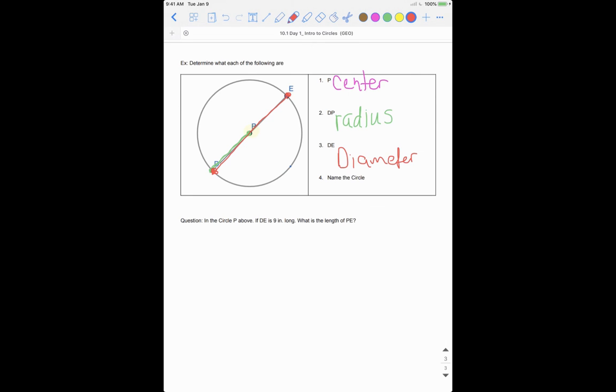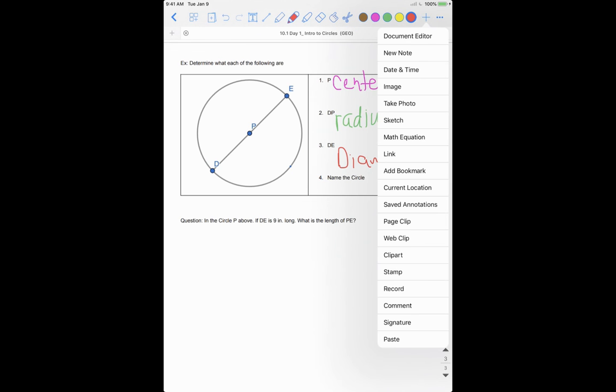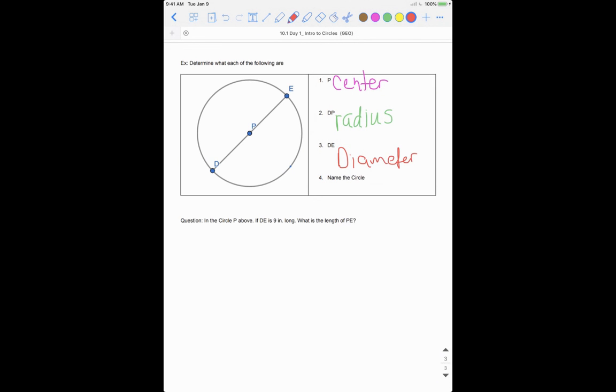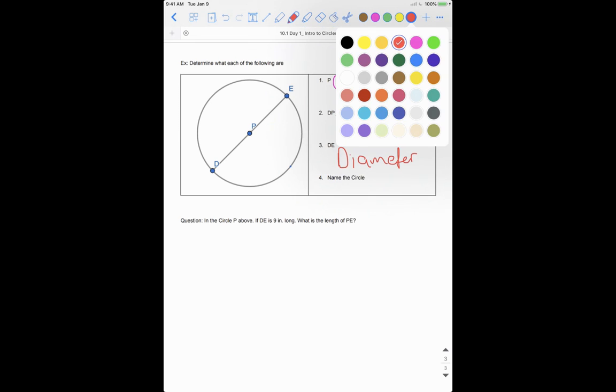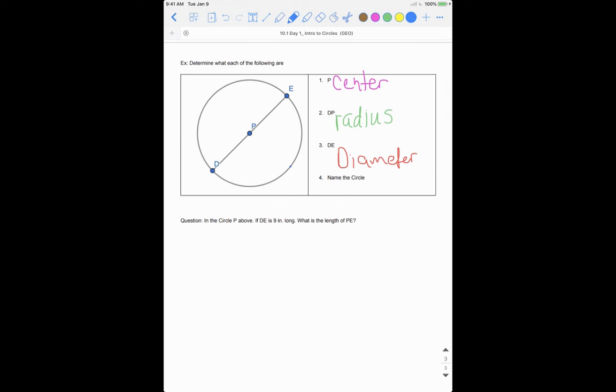Lastly, we want to figure out what we would name this circle, and get rid of this stuff so we can look back at this circle. And previously we said that you name your circle by the center point. So if we want to name this circle, we would name this circle P. Right, so not too bad.